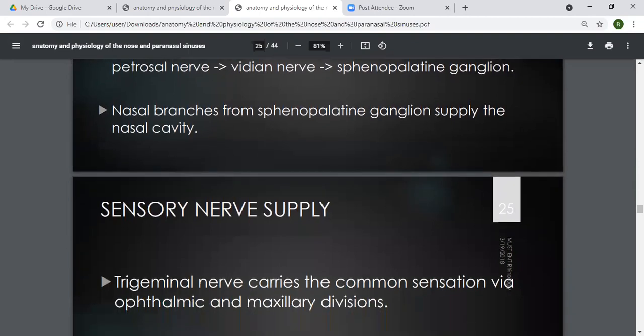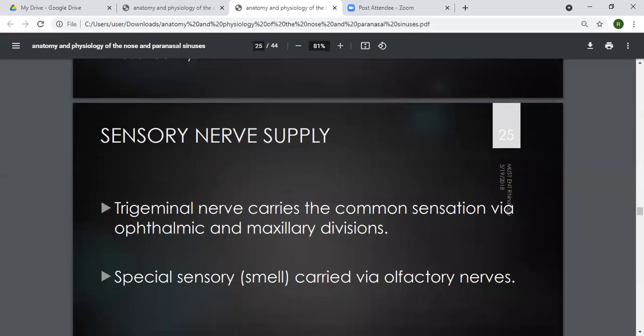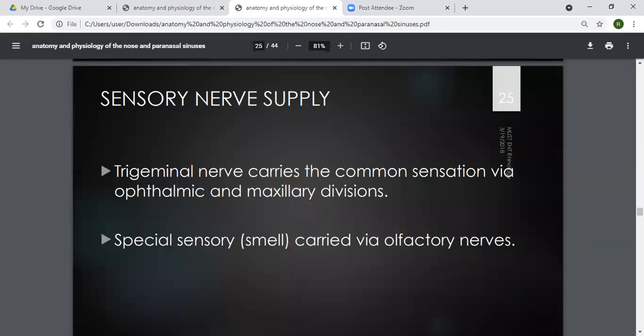So for sensory nerve supply, the trigeminal nerve carries the common sensation via the ophthalmic and the maxillary divisions of the nerve. So these ones, depending on the location, where we have the anterior ethmoidal and posterior ethmoidal nerves, those are branches of the ophthalmic, while the sphenopalatine aspect is from the maxillary division.